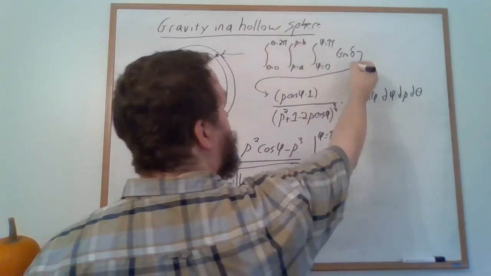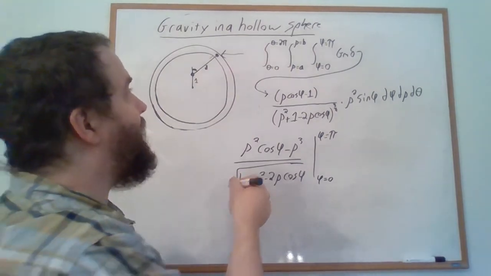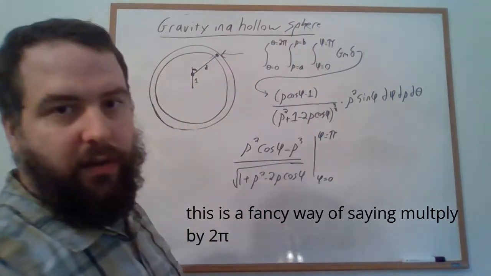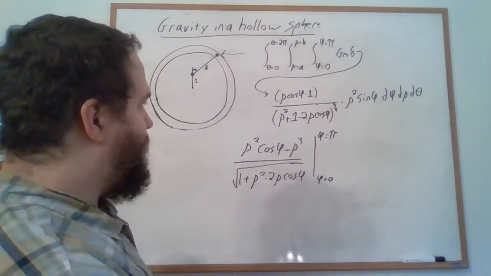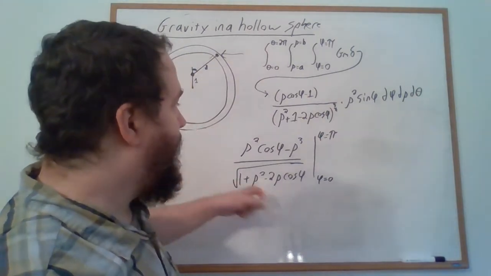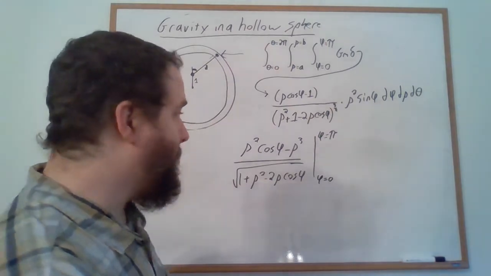And then, of course, we need to multiply by the GM delta, and then take the integral from rho equals a to rho equals b, and then take the integral from theta equals 0 to theta equals pi, but we'll do that later. For now, we need to take this antiderivative that we got and evaluate it from phi equals 0 to phi equals pi.